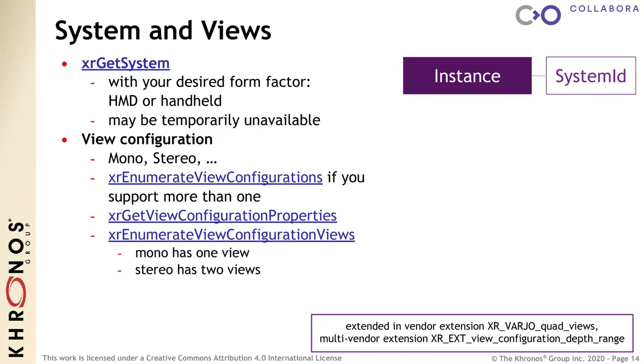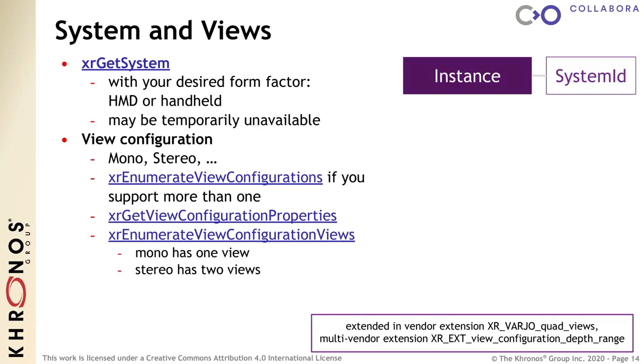You use XR get system to find your desired form factor. OpenXR 1.0 natively supports, without extensions, stereo head-mounted displays, as well as handheld, mono, magic window style augmented reality. But not all runtimes will support both of these form factors of devices.